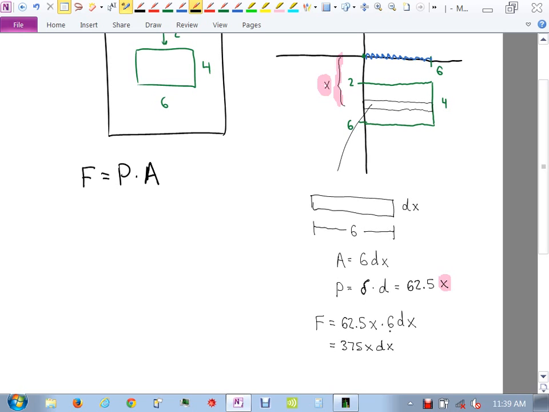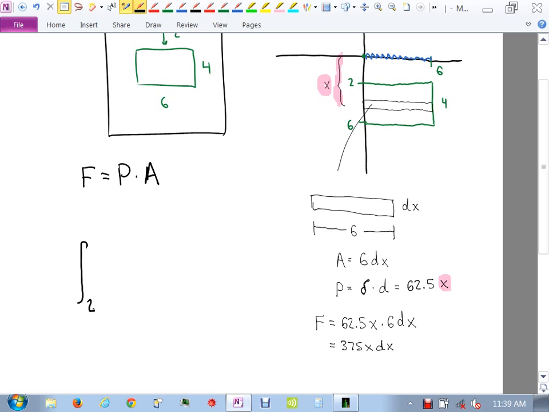That is the force applied on an arbitrary band of this plate. And now what I'd like to do is add all those forces up for the entire plate, which means I want to do an integral that goes from where to where? Careful.